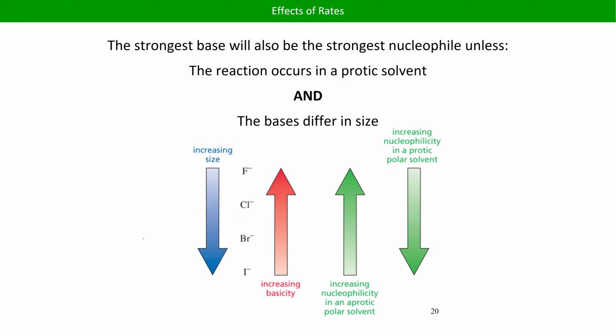All right, so what does this mean? The strongest base will also be the strongest nucleophile, with one exception. You need both of these things to be true: the reaction occurs in a protic solvent and your bases differ in size.